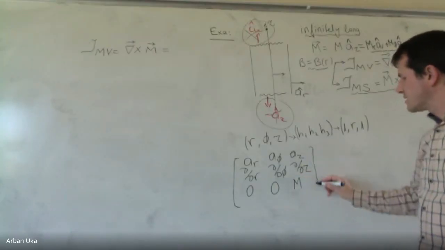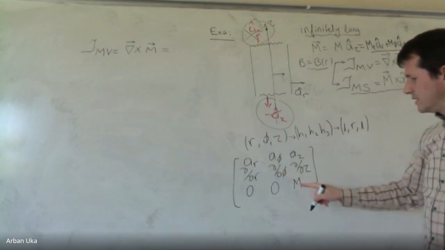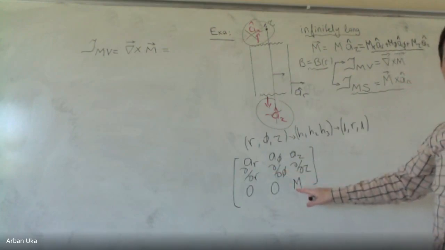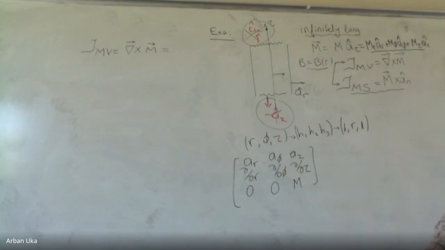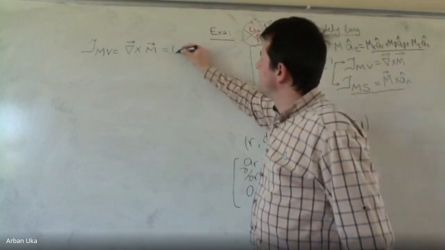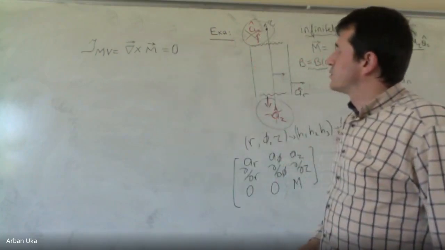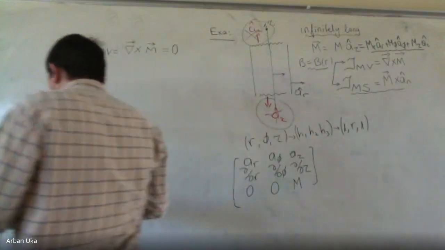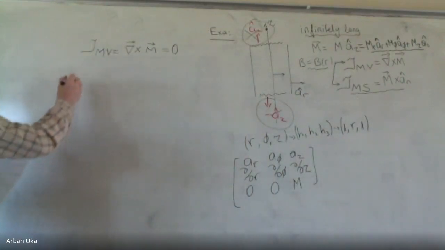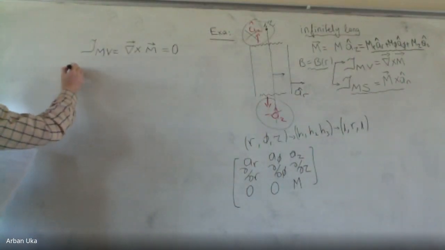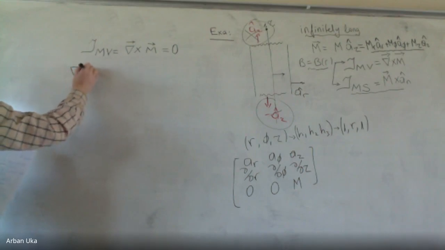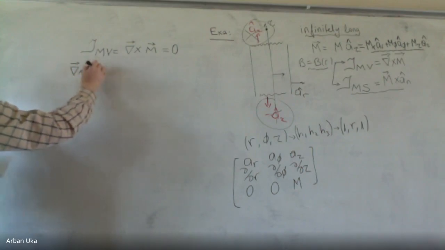Now, any derivative of a constant value would end up being 0, so you are correct. This is going to be 0. But let's have a look at how the curl really looks. The curl is going to look something like this. Let's write this for a moment.